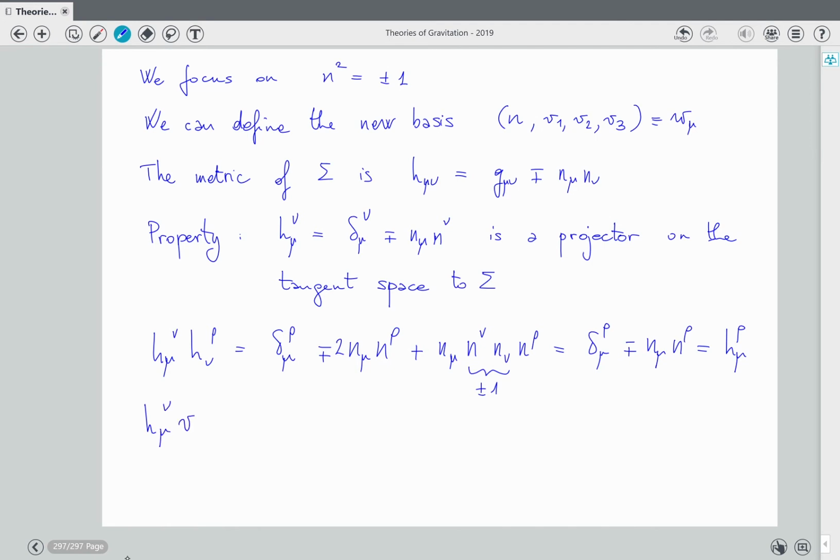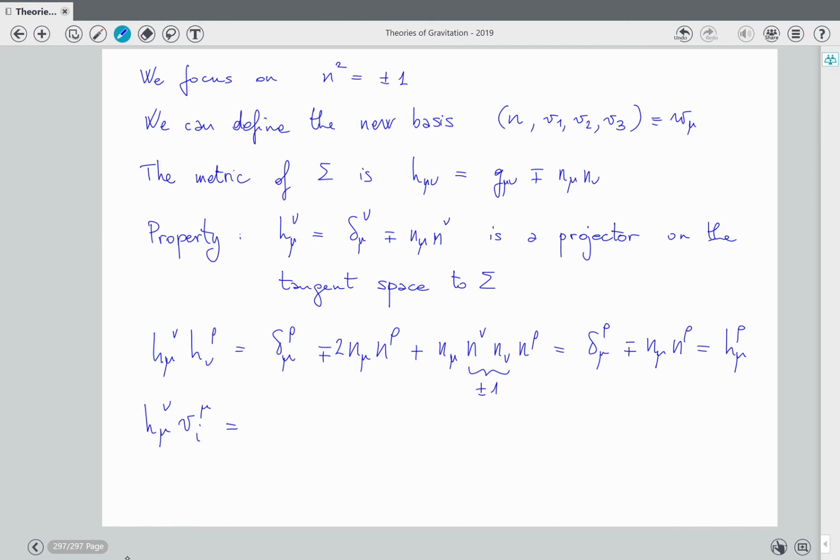So let us check what it gives when you act with h on a vector v^i. That should be 0, of course, on the normal, and it should be equal to v^i itself, but that's also true.